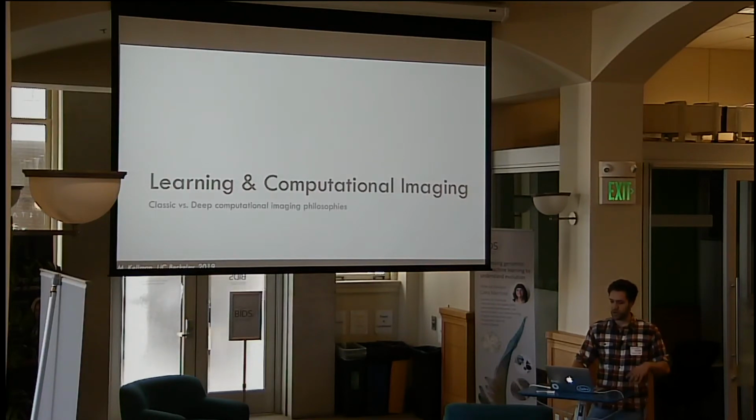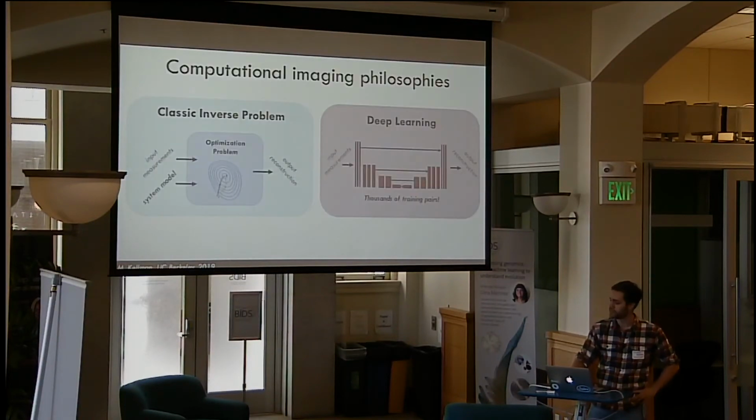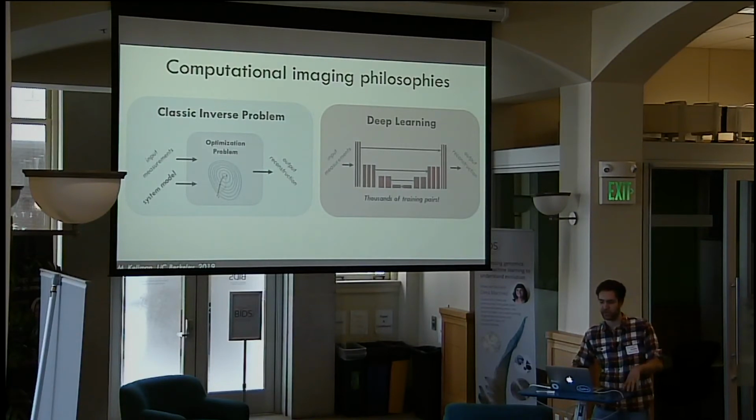And so let's first take a closer look at deep learning and computational imaging methodologies to solve this problem. On the left, we have a more classic view of inverse problems that incorporate knowledge of how the measurements are formed, and then rely on iterative optimization to retrieve the sought information. On the right, we have deep methods that rely on the data set instead of information about the system model to learn this input-output relationship.